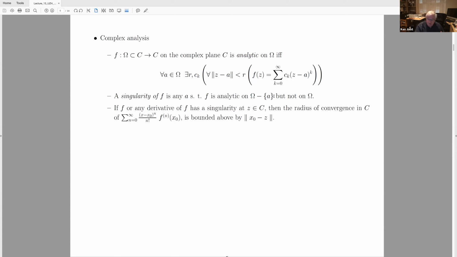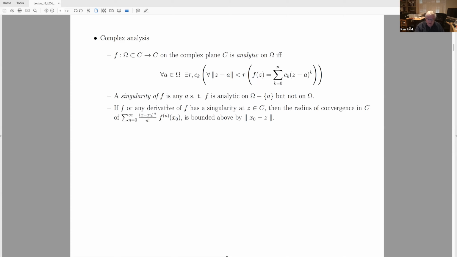Well, log of x is analytic for every point except where x equals 0, and by 0, I mean in the complex plane. So a singularity of f can be a point A such that f is analytic on omega minus the point A, but not on omega.